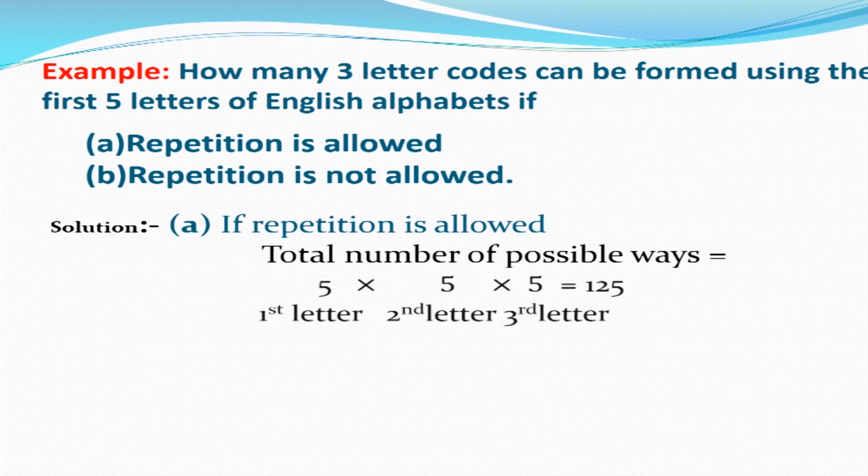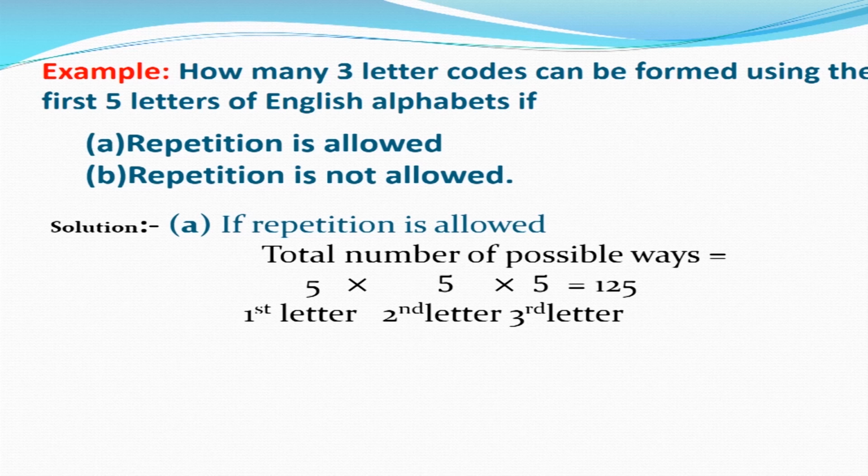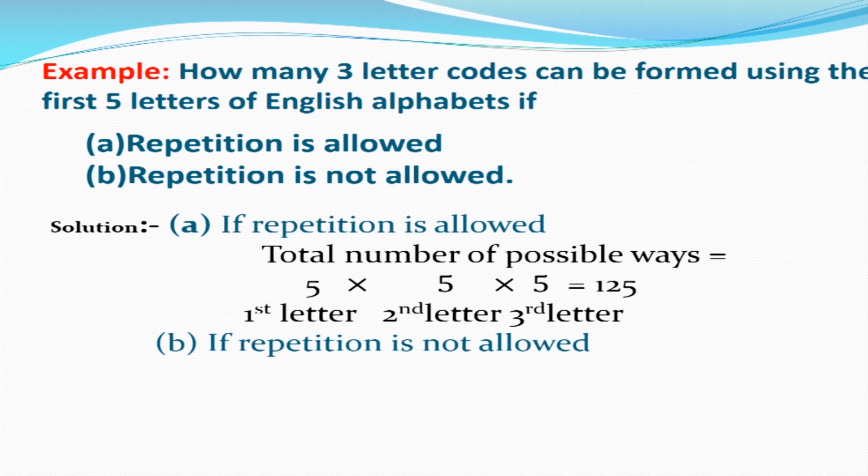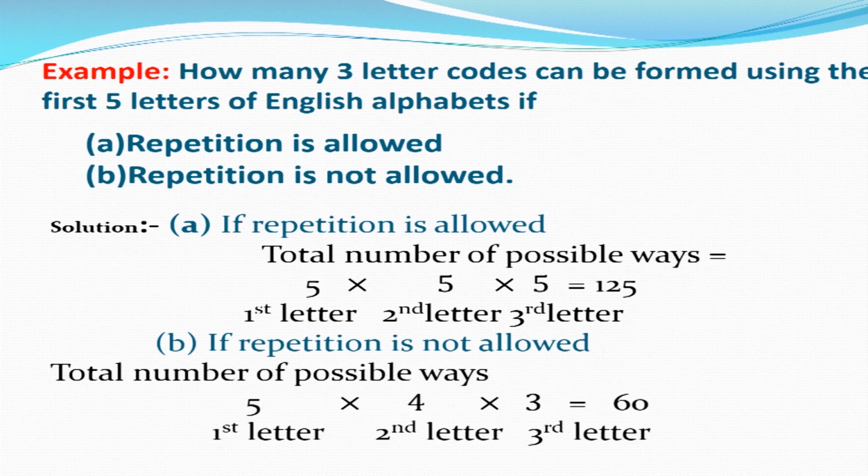Total number of possible ways is 5 into 5 into 5, which is equal to 125, as every letter has equal choices of 5 alphabets. Next, to find if repetition is not allowed, in this case, choices for every next letter will reduce. So, total number of possible ways is 5 into 4 into 3, which gives us 60.